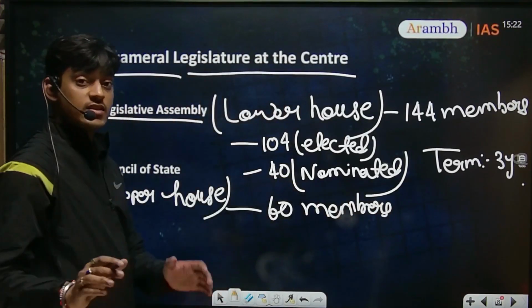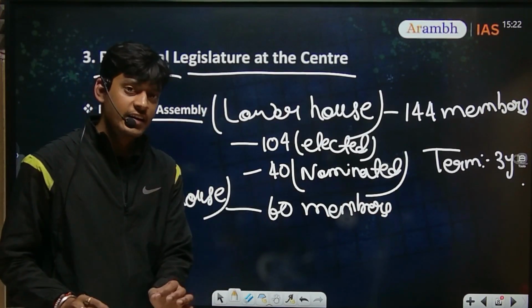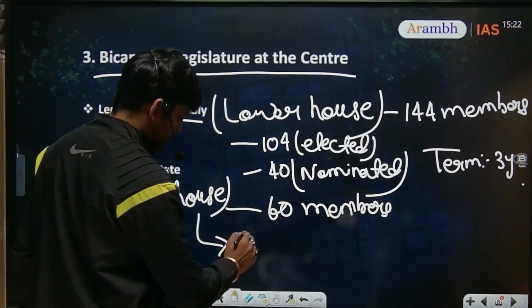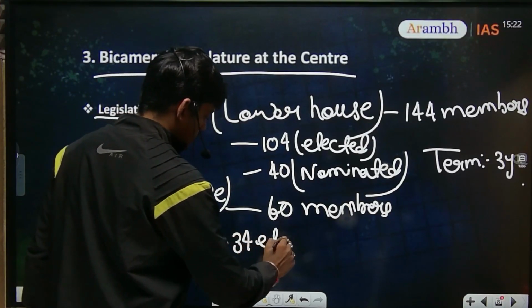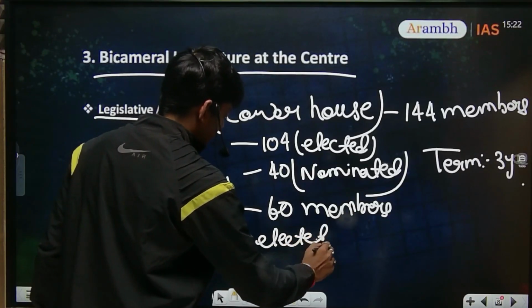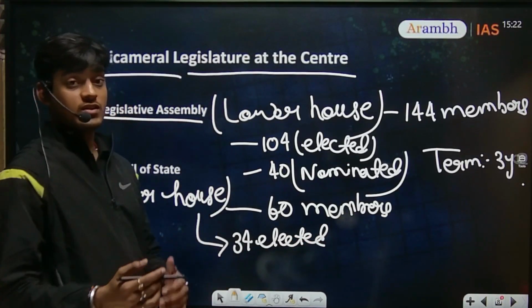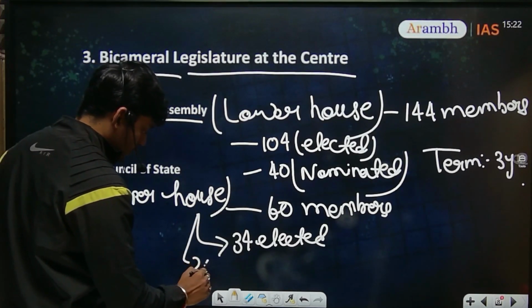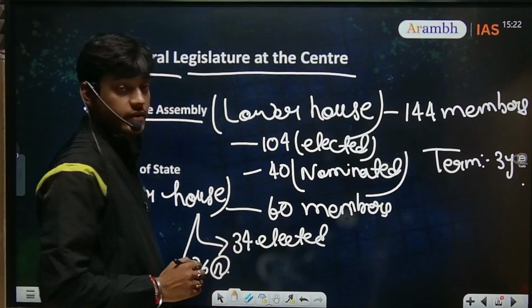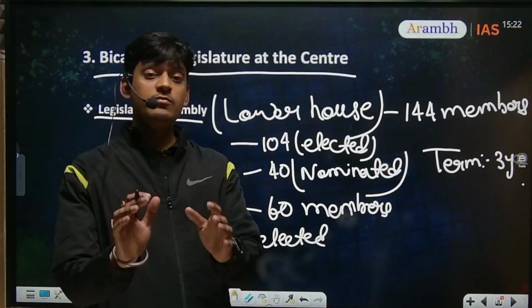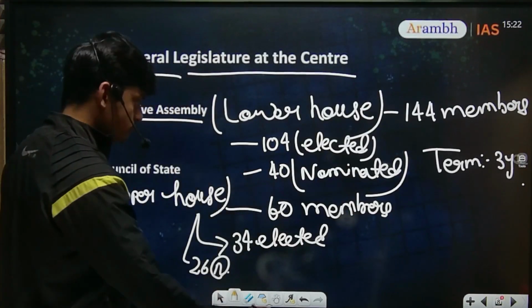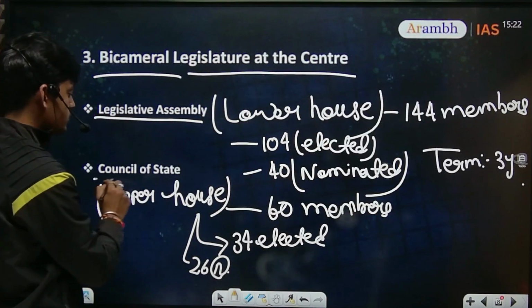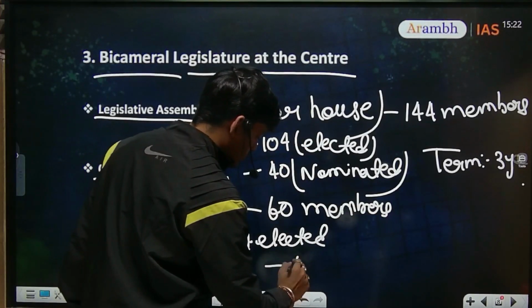Understood? And the term was 5 years. So the Legislative Assembly's term was 3 years and the Council of State's term was 5 years.